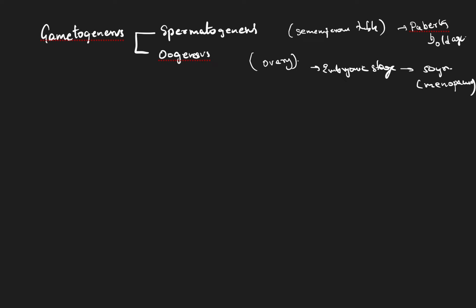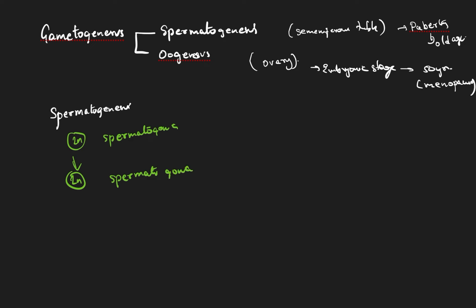Spermatogenesis, if you see the process, if I represent the process of spermatogenesis here, there are diploid spermatogonia first, then they undergo mitosis and they form again diploid spermatogonia, and then primary spermatocyte, the bigger one.